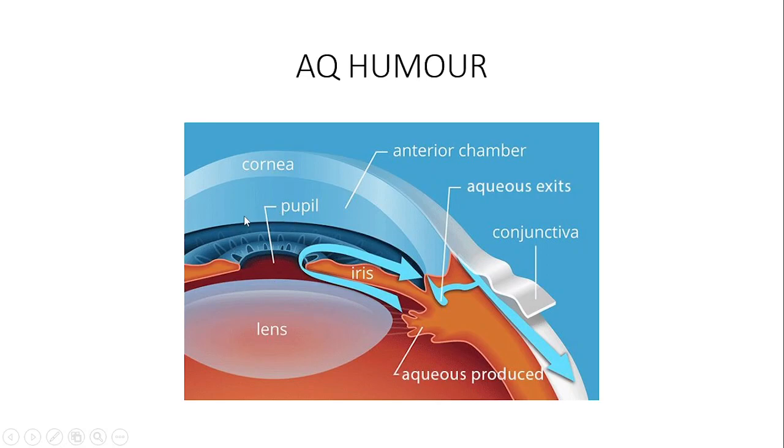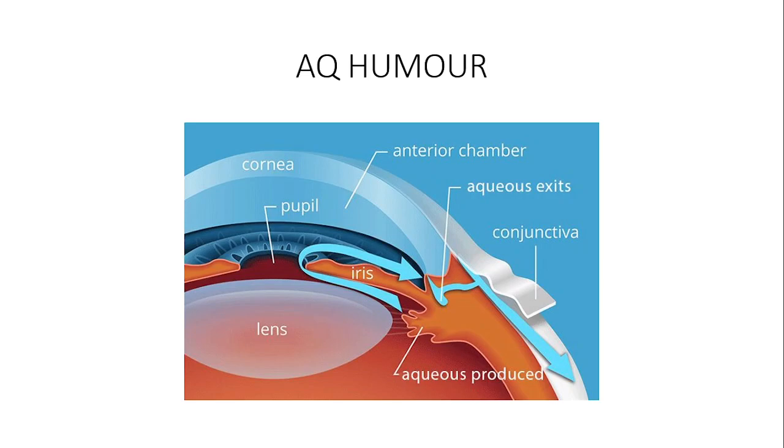Alright, so how much aqueous do we have in the eye? The total quantity is 0.30 mL. So this is the breakdown. Within the anterior chamber, the quantity is 0.25 mL, whereas within the posterior chamber, the quantity is 0.05 mL. So in total, you have 0.30 mL.